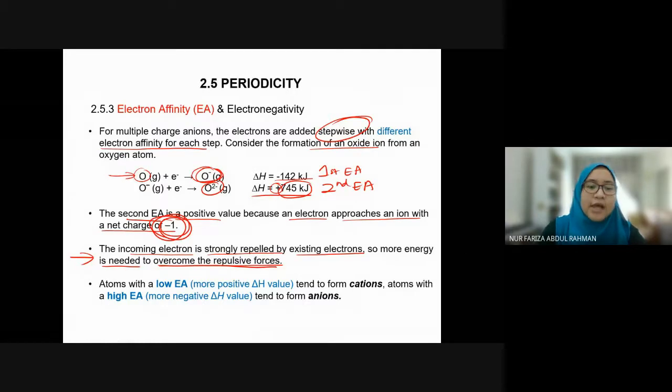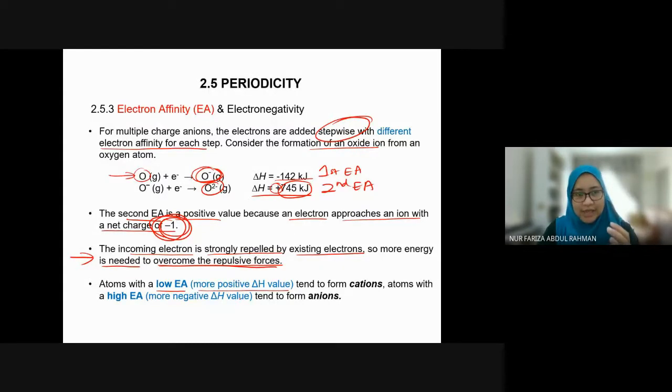Atoms with a low EA have a more positive value, or a less negative value. Remember, EA is an energy change. Normally EA is negative, but a low EA shows that it is less negative or more positive.